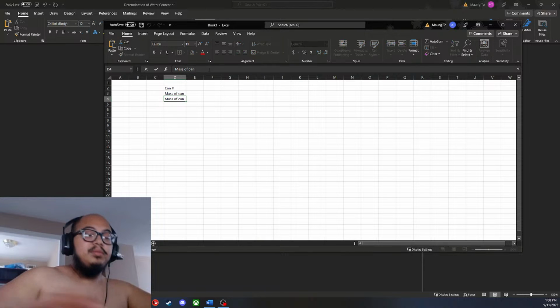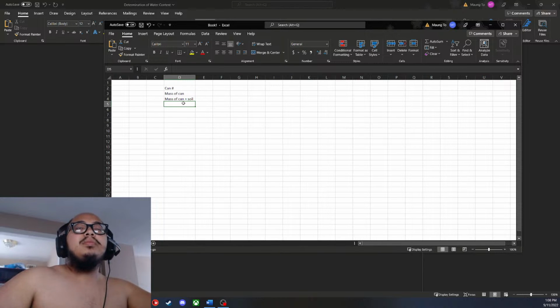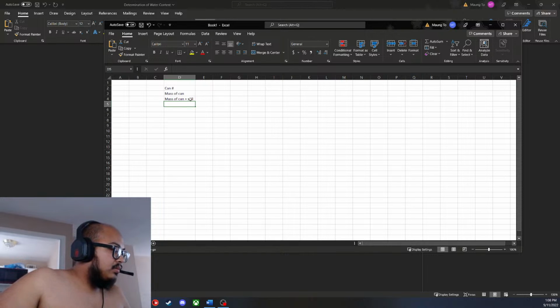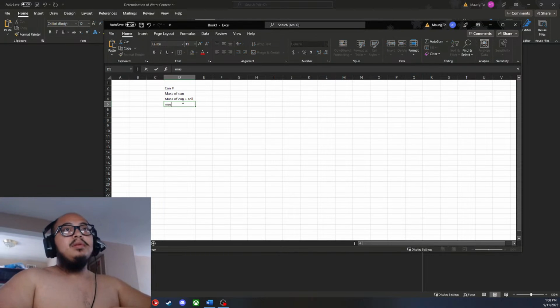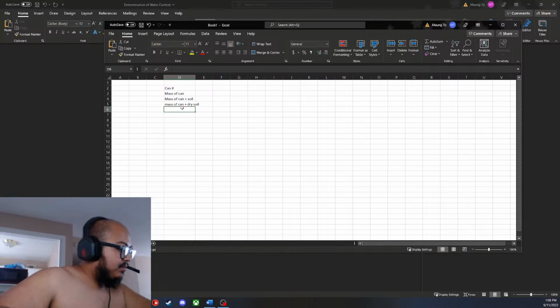Excel weird. Plus soil. Plus soil. Mass of can plus dry soil. The first one's wet soil, but I think as long as one of them's different, it's fine.